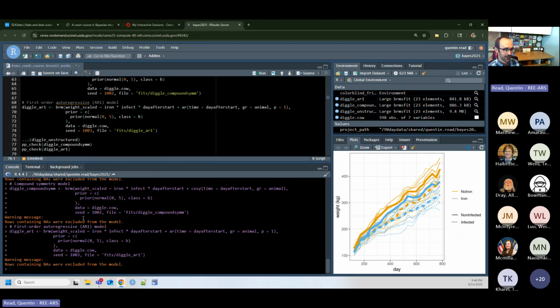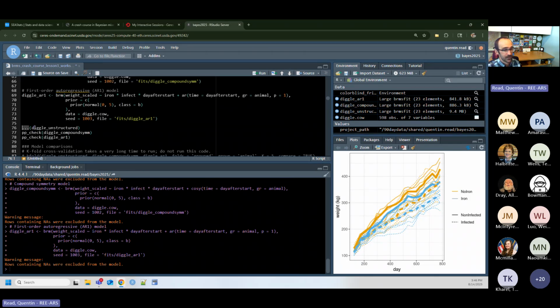So if we had a lot of attrition, we would actually have to think hard about how we would account for that in our model. But I think only maybe one animal didn't quite make it to the end. So we still have enough. The mortality was not sufficient to really throw things off for us. So we're just going to sort of ignore the fact that a couple of the cows didn't make it to the end, unfortunately.